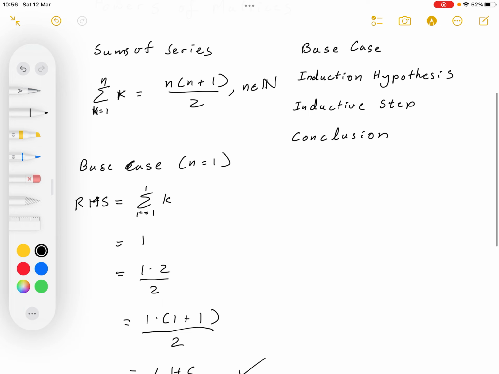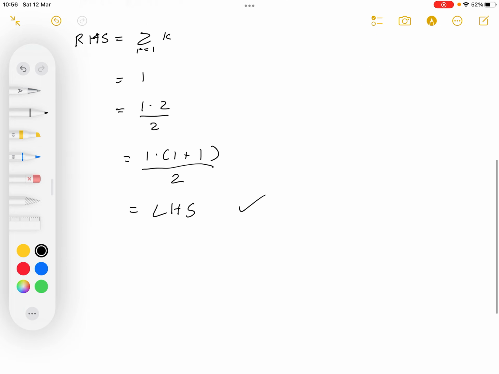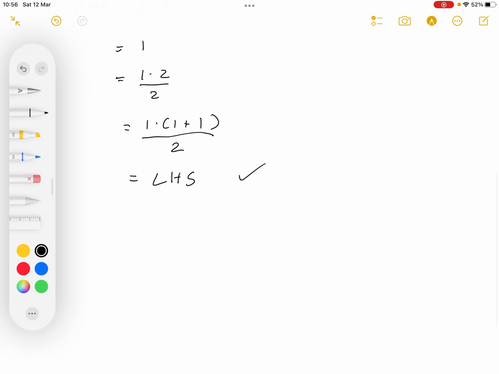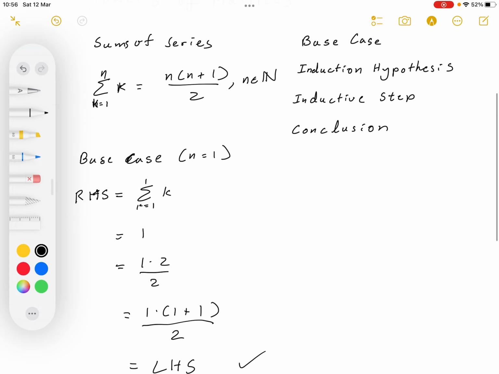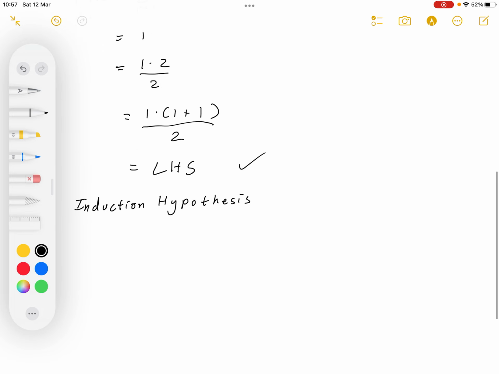So now we need to write down the induction hypothesis. What is the induction hypothesis for this question? Well, I can't say suppose it's true for some number k, because we've used k as a running index for the sum, which makes it kind of annoying. Let's suppose it's true for some number a instead then.